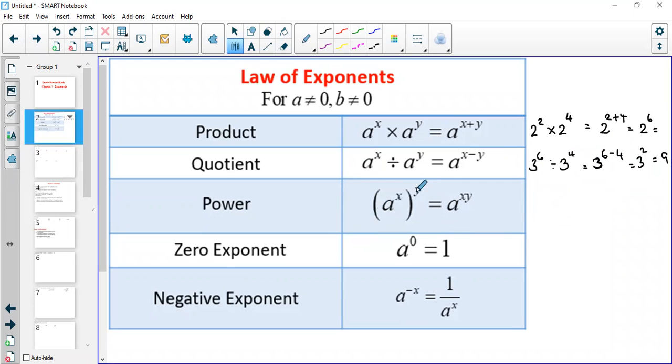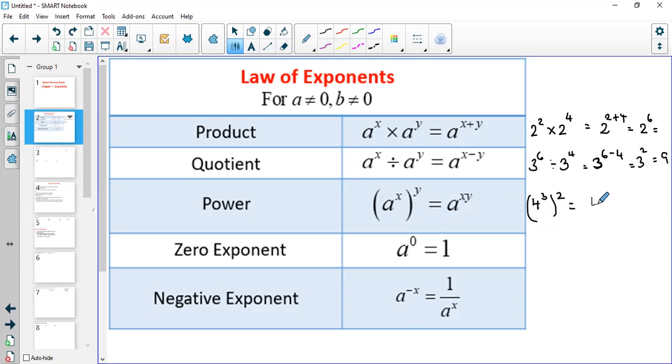Now, if the exponent is something like this, a power raised to a power, are you going to add the exponents here? You might think that because you're multiplying them, we are going to add the exponents. No, you're not. You are simply going to multiply. You treat this how a parenthesis should be treated.